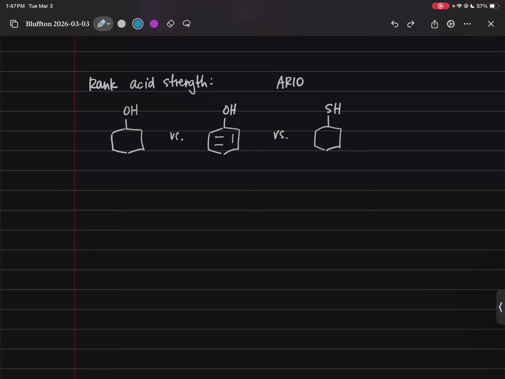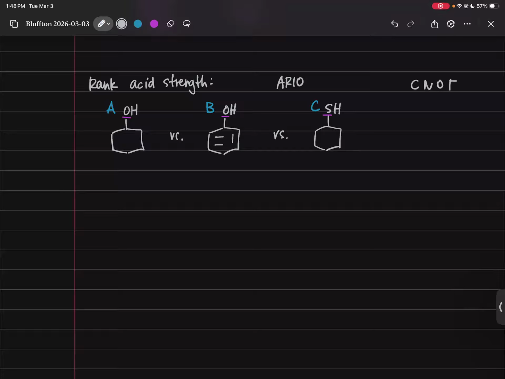Atom is the first priority rule. And so let's see, A, B, C, which one wins on atom? C, because we're comparing oxygen with sulfur. Same row, before. Same column.